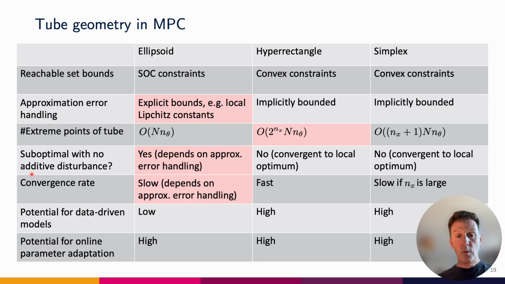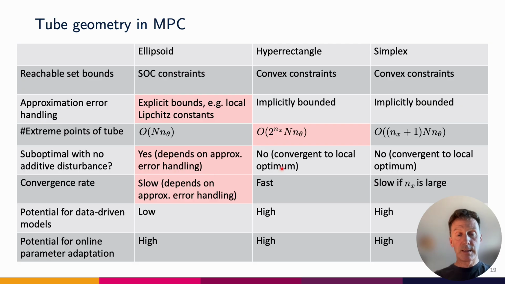For the case where we have no additive disturbance and no model approximation error, the ellipsoidal tube MPC approach can still have some residual suboptimality. So even if you perform an infinite number of iterations, successively linearizing the dynamics, solving the resulting approximation, and then relinearizing, you can end up with convergence to a suboptimal solution, depending on how the linearization errors are handled.